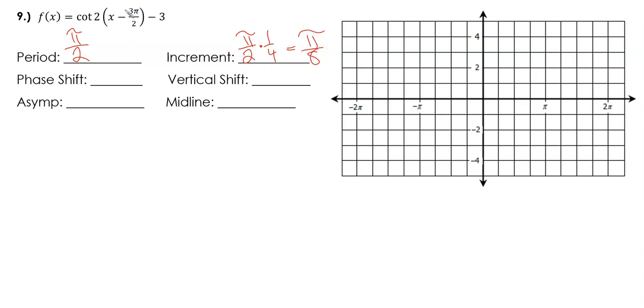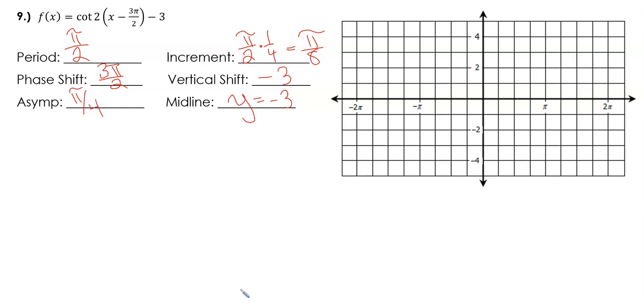My phase shift, I'm subtracting a positive 3 pi over 2. And my vertical shift is down 3, so my midline is at y equals negative 3. My asymptote here is pi over 2 divided by 2, which is going to give me pi over 4.